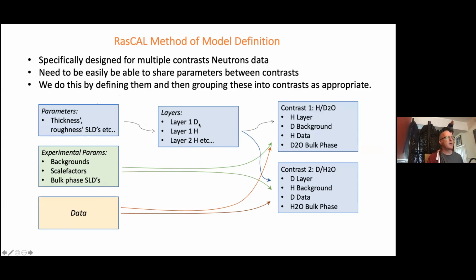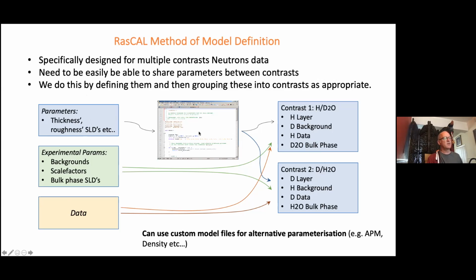You do this for however many contrasts you have, and then group these together into contrasts: your layers, your backgrounds, your data, your bulk phase values, and so on. So that's basically how RasCal works: make these all separately, group the parameters into layers and then into contrasts with everything else, or you can do custom models or custom XY profiles.